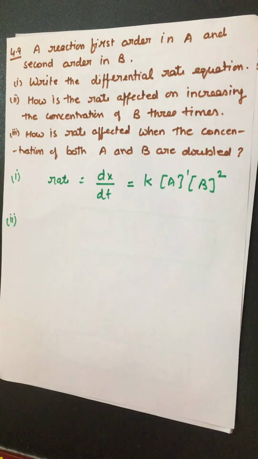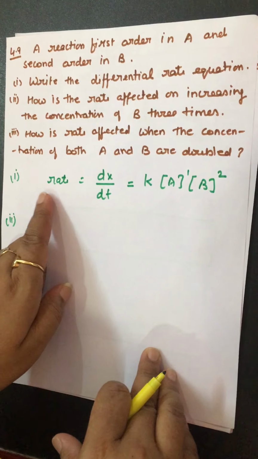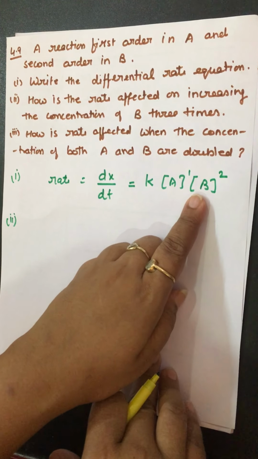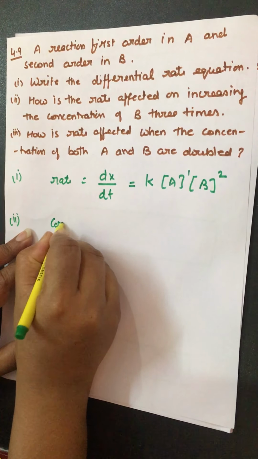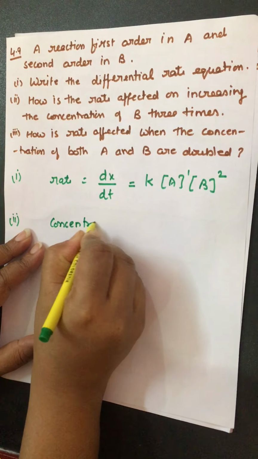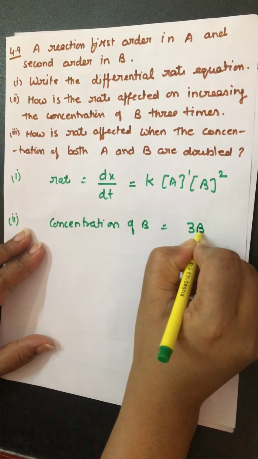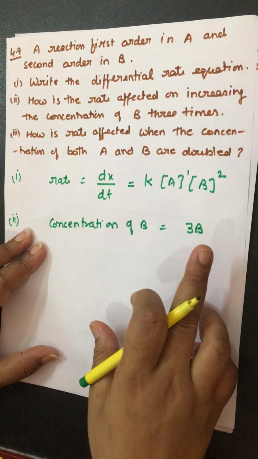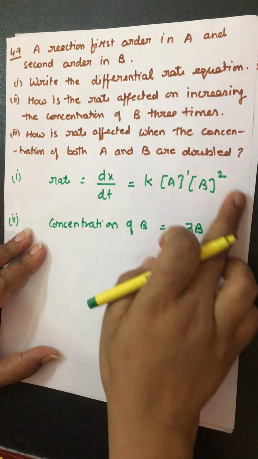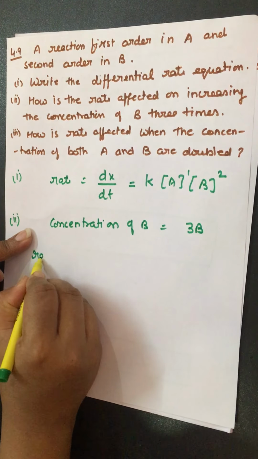Now the second part. What it said: how is the rate affected on increasing the concentration of B 3 times. In this case the concentration is B, but now the concentration becomes 3B. The concentration of B equals 3 times the initial concentration. Now I can put this value in the differential rate equation and find out the rate again.